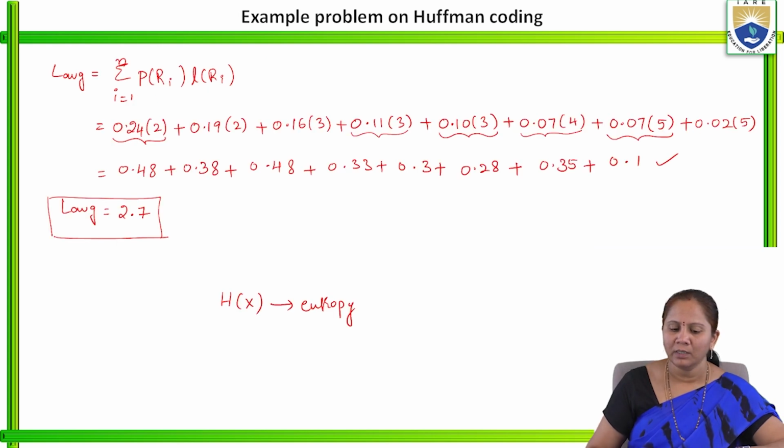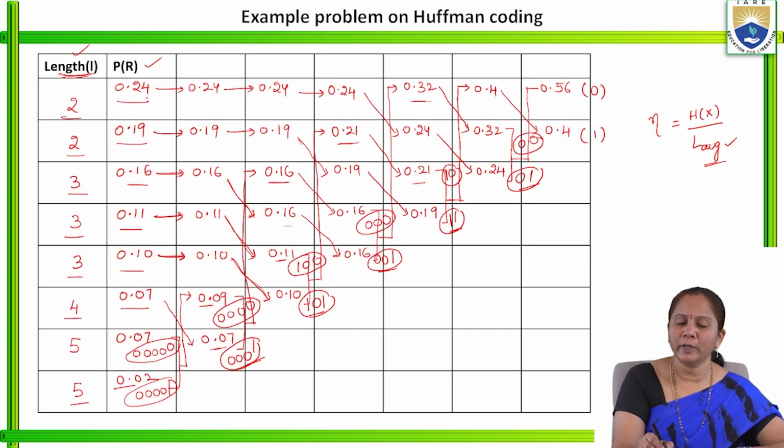So what is the first probability value? 0.24.